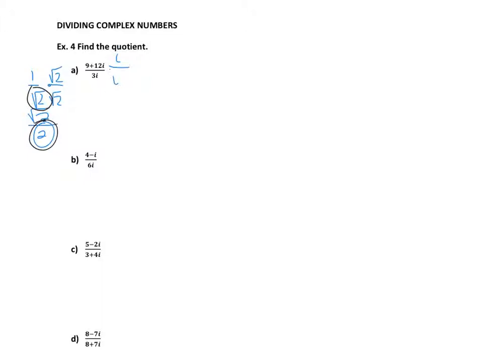When I do that, I get 9i plus 12i squared on the top, and I get 3i squared on the bottom. Because remember, I squared turns into -1.